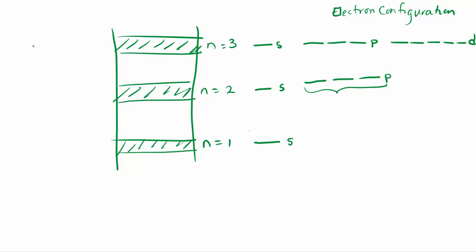So I figured before we start with electron configurations, I'm going to show you how these things build. So when we have something like oxygen, it has 8 protons. That is its atomic number, and a ground state oxygen will also have 8 electrons.